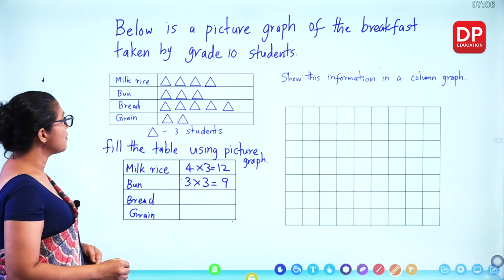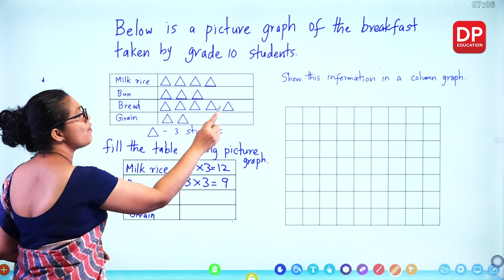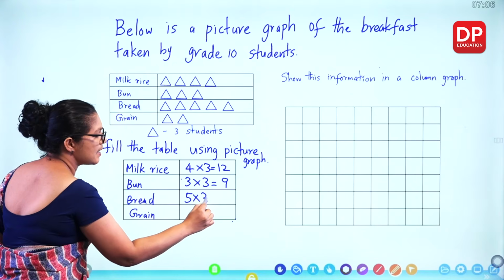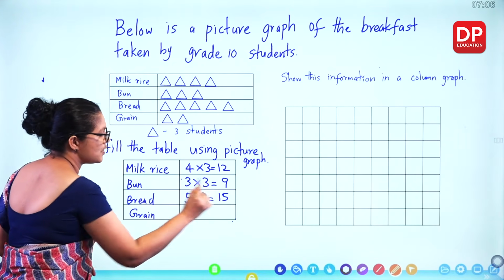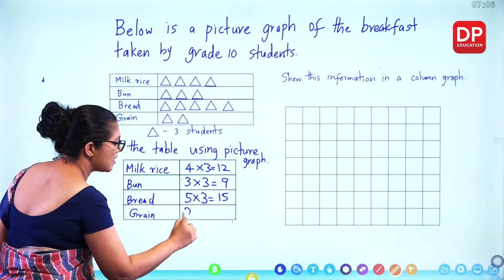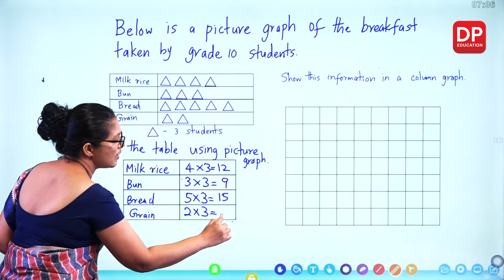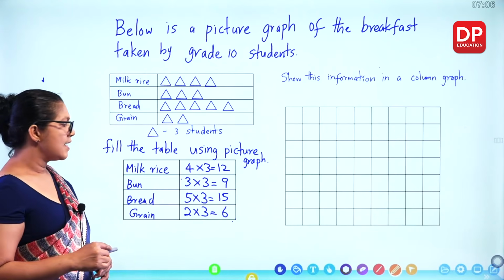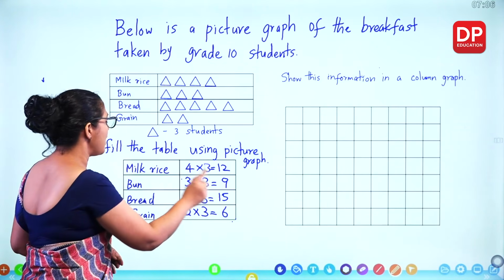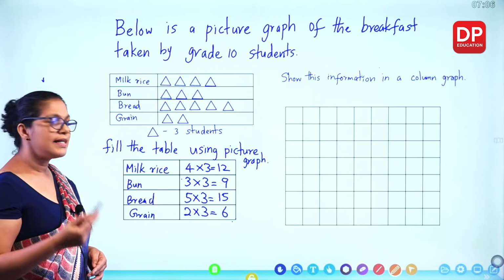That's 9. What about bread? How many triangles are there? 1, 2, 3, 4, 5. So 5 times 3. That's 15. What about grains? 2 triangles are there. 2 times 3. You get 6. So here are the number of students separately taken: milk rice, buns, bread and grain.